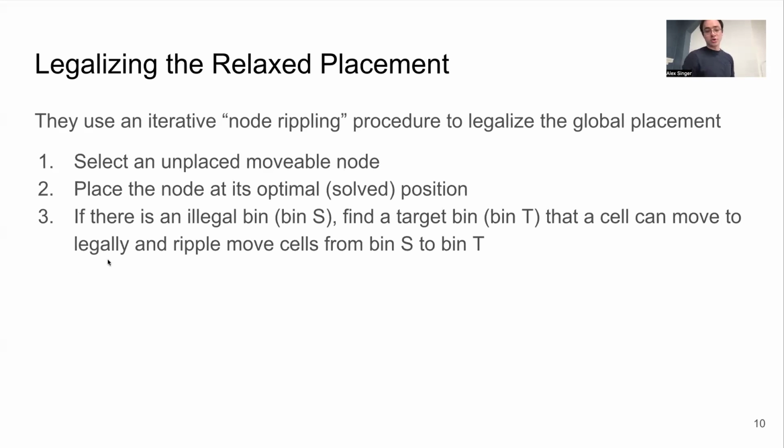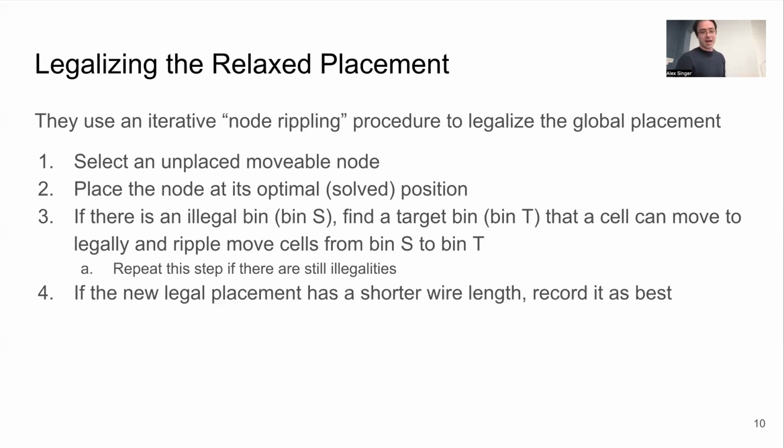And then we're going to ripple move cells from bin S to bin T. I'll explain what all this means in the next slide. Then we repeat this step: are there still illegal bins? Yes, let's do another ripple move. Are there still illegal bins? Yes, let's keep going. And if the new legal placement has a shorter wire length, record it as best.